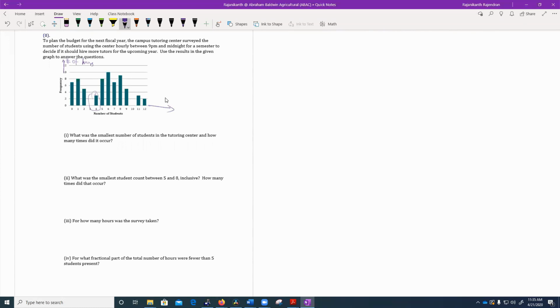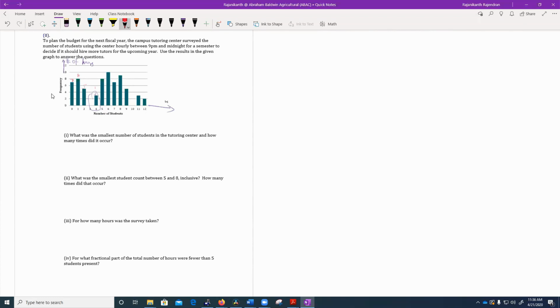Okay. So let me first find all the bar heights. Could you tell me what is the height of my first block here? This is 7, right? So next one is 8. This height is 5.